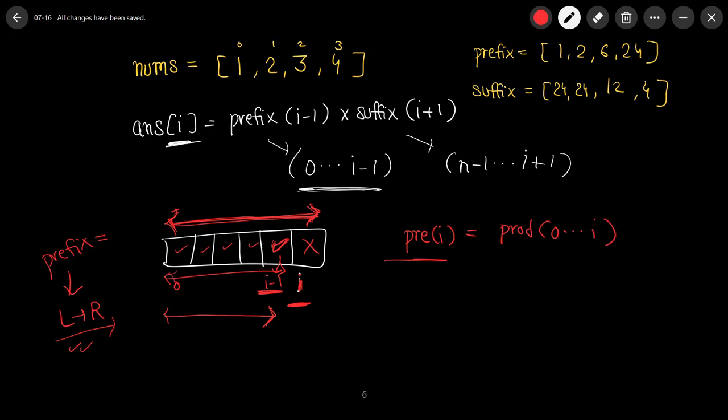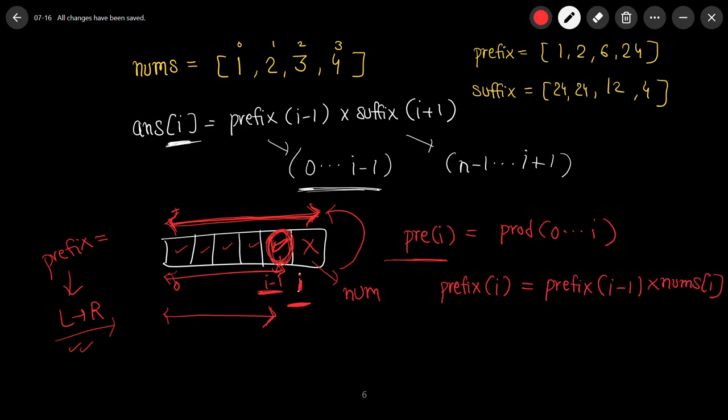So this product we already have stored. We would just multiply this quantity with current num, and we would get the bigger product ultimately. So that's what I'm saying is that prefix of I would be nothing but prefix of I minus 1 into current number. This becomes a formula for a prefix array.